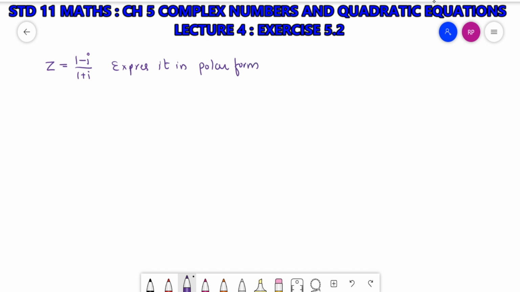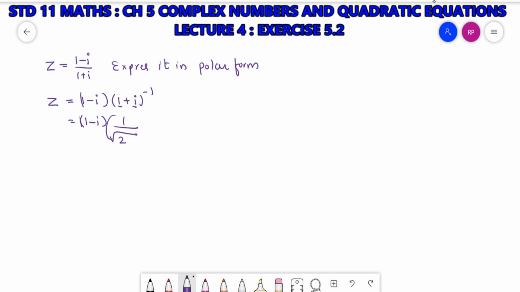Okay, so first we need to convert it into x plus iy or a plus ib. So 1 minus i into, I can write 1 plus i inverse, 1 minus i. Now what was our shortcut for using 1 plus i inverse? 1 upon 1 square plus 1 square.